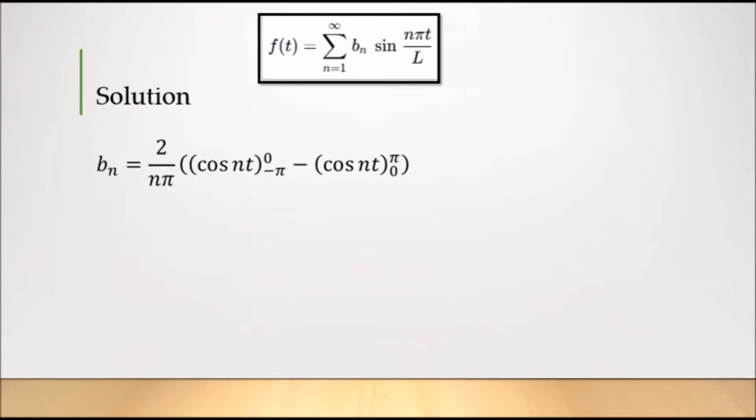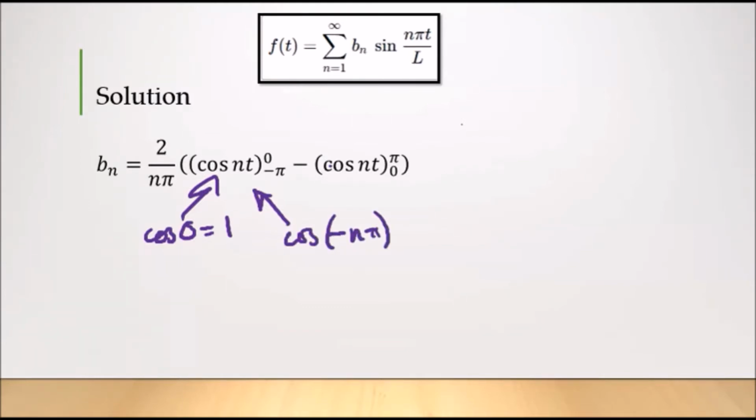First things first, when you plug in 0 in place of t, cos t gives us exactly 1. Just double checking that. So cos 0 equals 1. If you plug in negative pi, you're going to have cos of minus n pi.